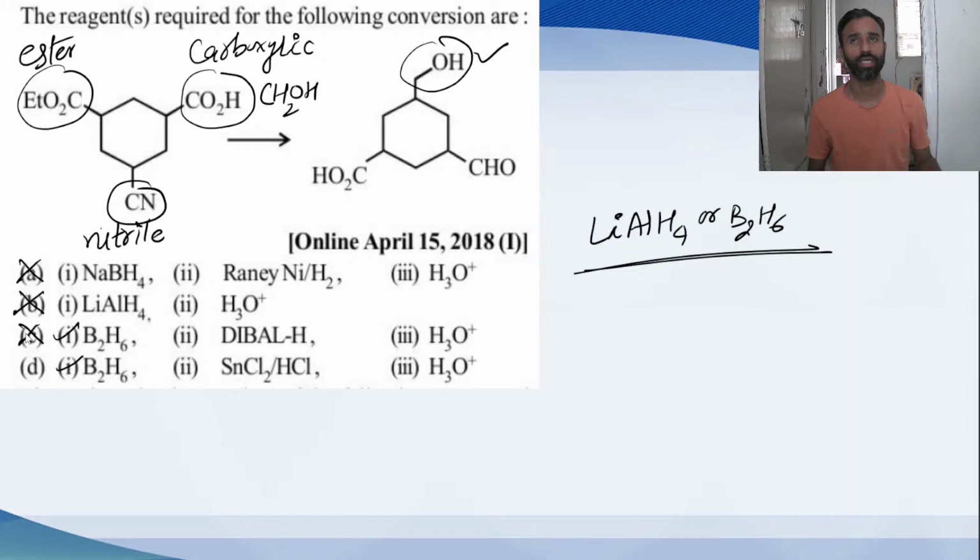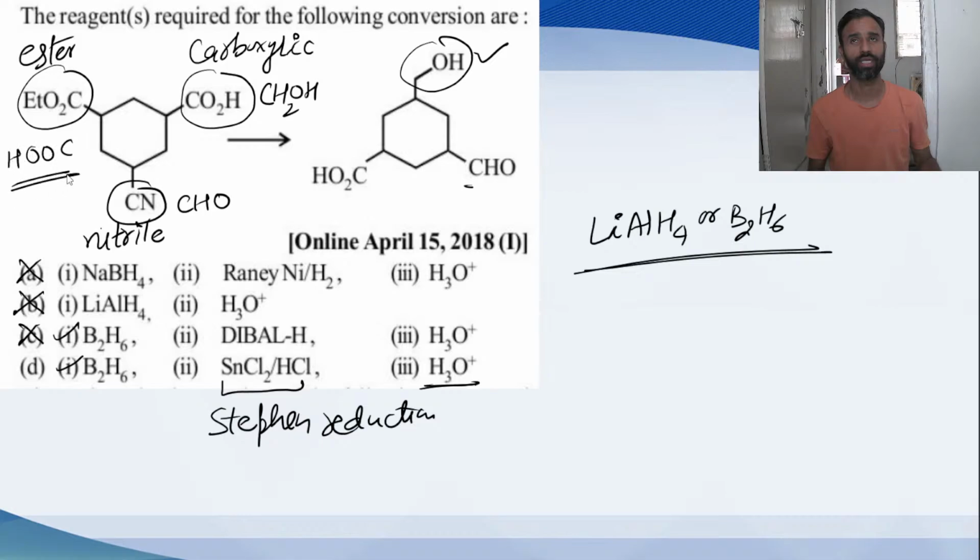Only the last one, because B2H6 will reduce carboxylic acid and SnCl2/HCl, that is Stephen reduction, will reduce CN into CHO. First it gives CH double bond NH, then on hydrolysis it gives CHO, and on hydrolysis ester will convert into carboxylic acid. So D is the right option.